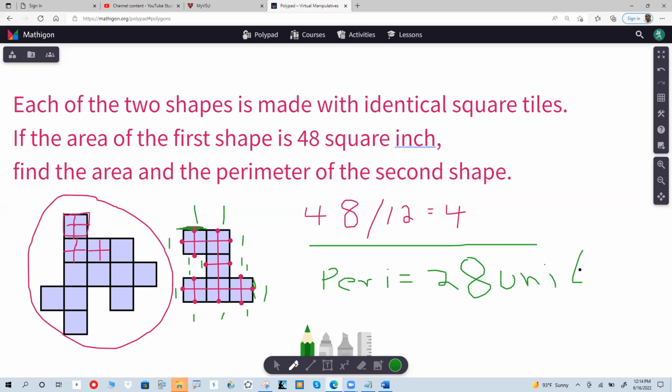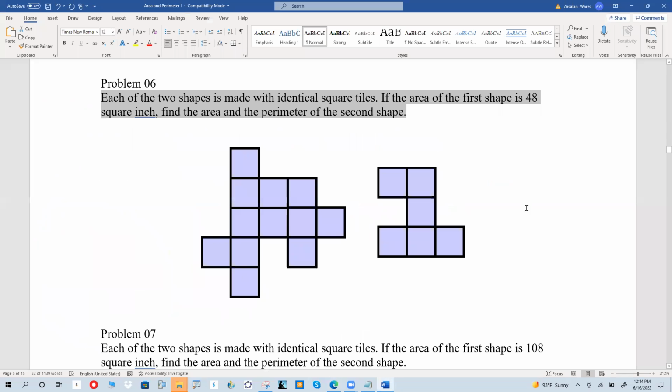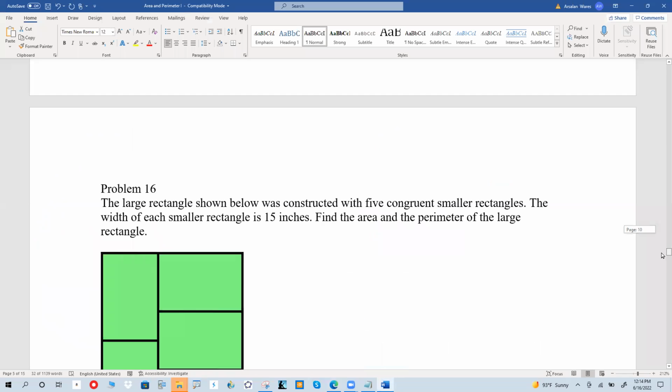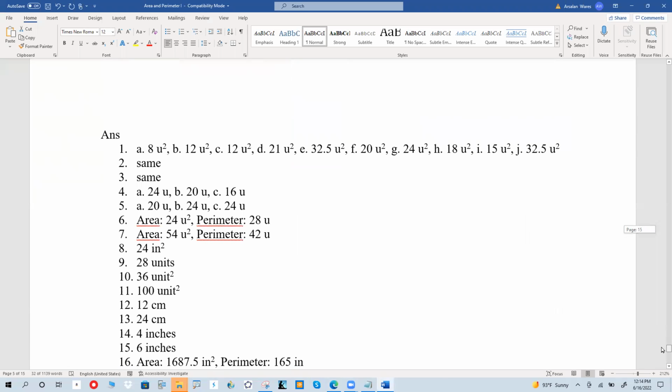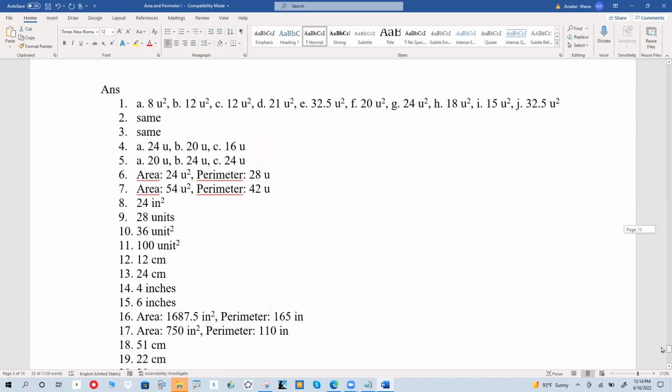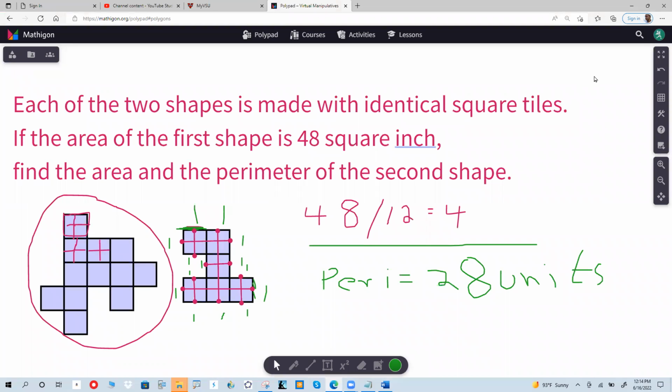Now I'm going to check my answer. Of course, if I messed up, I'm going to redo it. Number 6, we got 28 for number 6. 28 is the perimeter. Okay, so they want us to find the area too. Let's find the area, which is not difficult. We found the area, we found the perimeter. Okay, what would the area be?